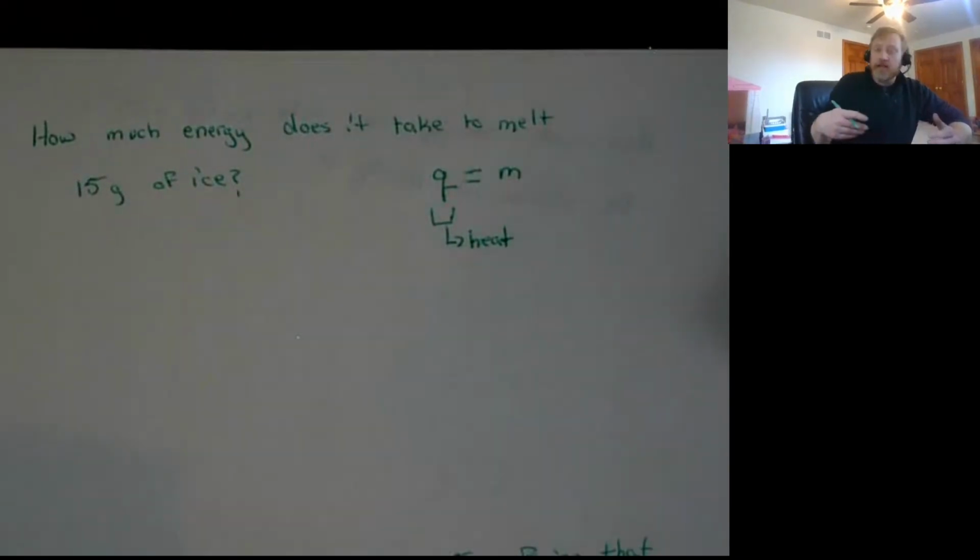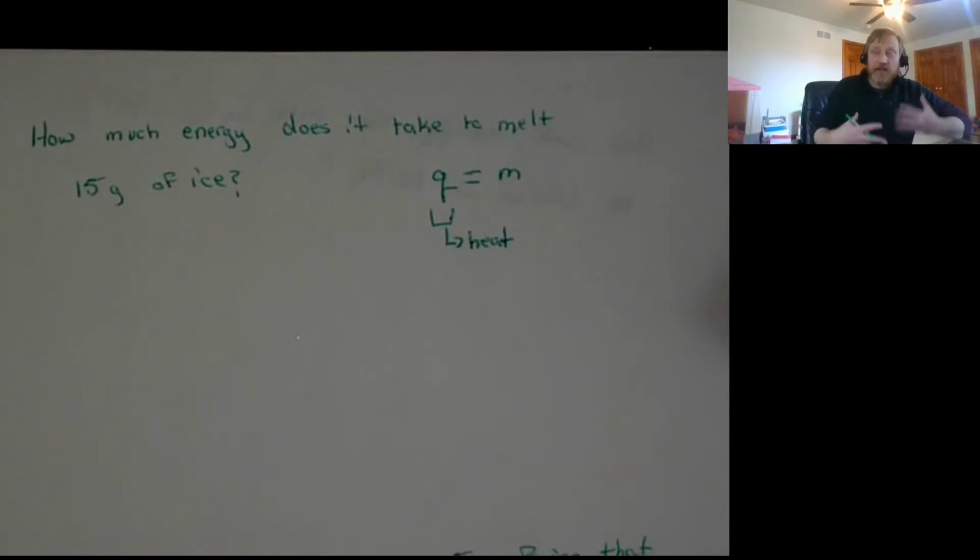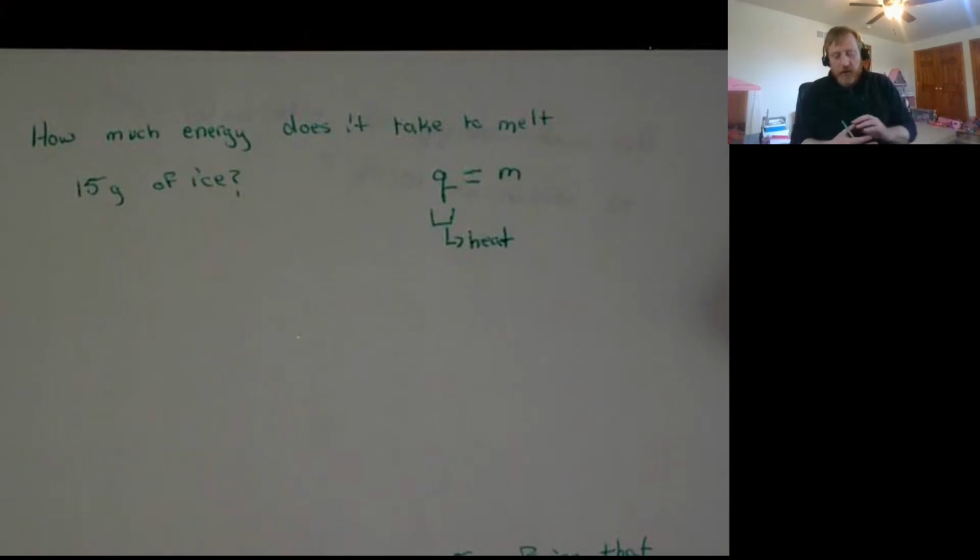And it also depends, as we saw from Professor Dave, on the strength of these intermolecular forces. Every substance has a different strength of intermolecular force, and so we have to have a factor for the substance that we're dealing with that'll tell us how much energy it takes to melt a gram of this stuff. And that's awesome because these are experimentally determined, and so they'll typically be provided for you in the problem.